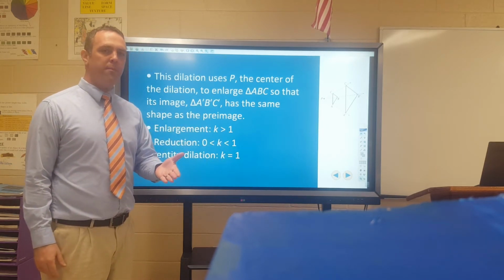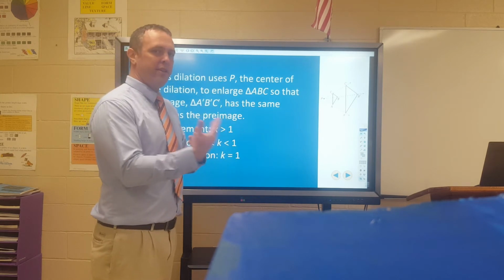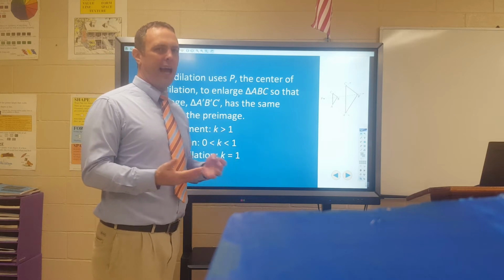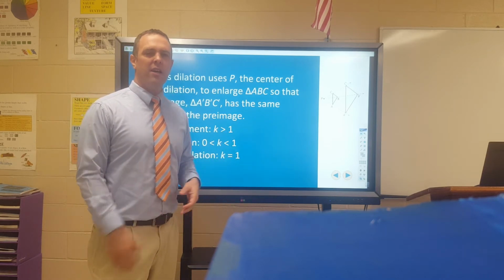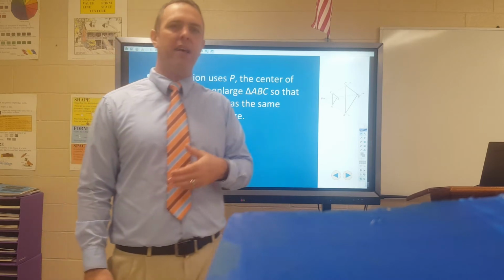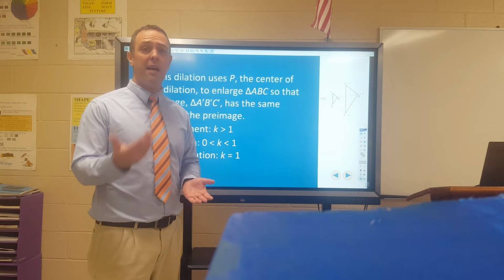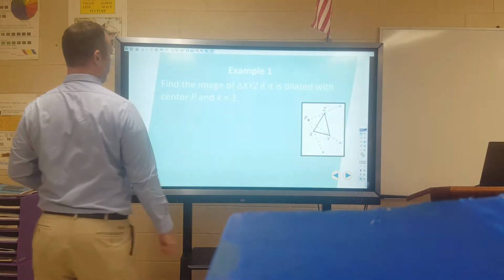K equals 1 means, if I take the original size, let's say one length was 3 centimeters, and I multiply it by 1, what do I get? I get back the same shape. That's the identity, when it's the same. You had identity properties in mathematics. For instance, if you take a number and multiply it by 1, you get the same number. You get itself. Same thing in geometry here.